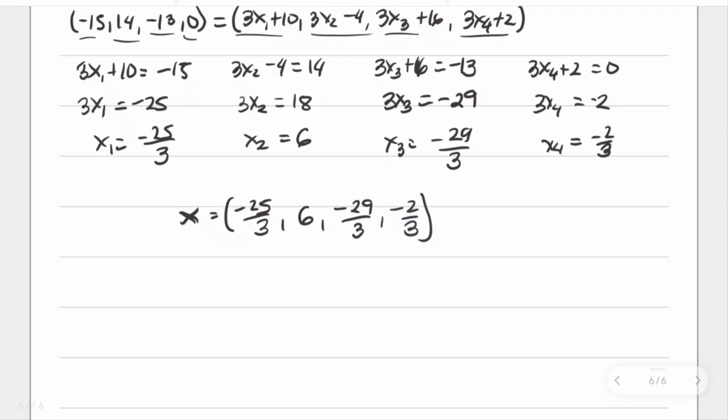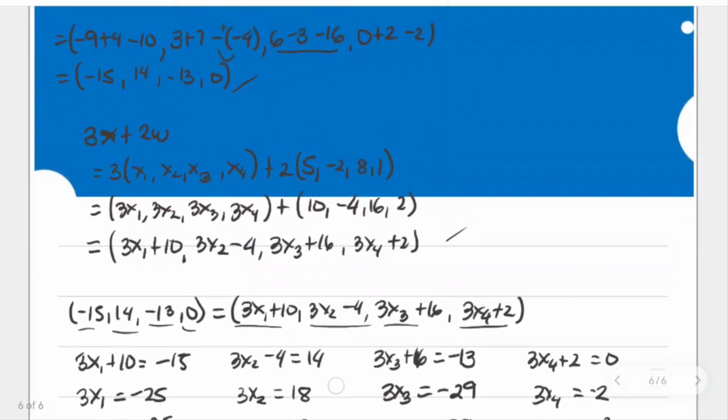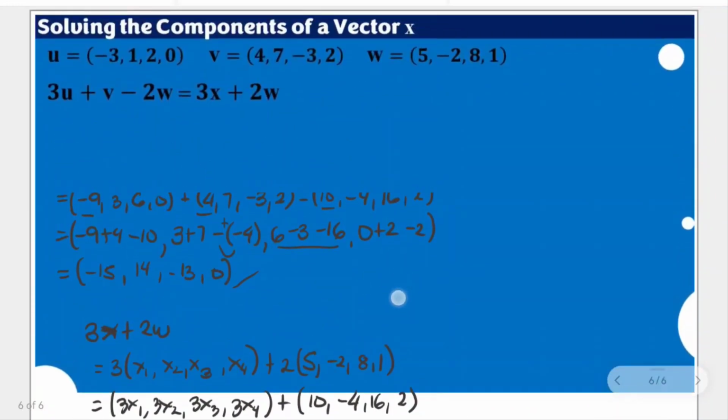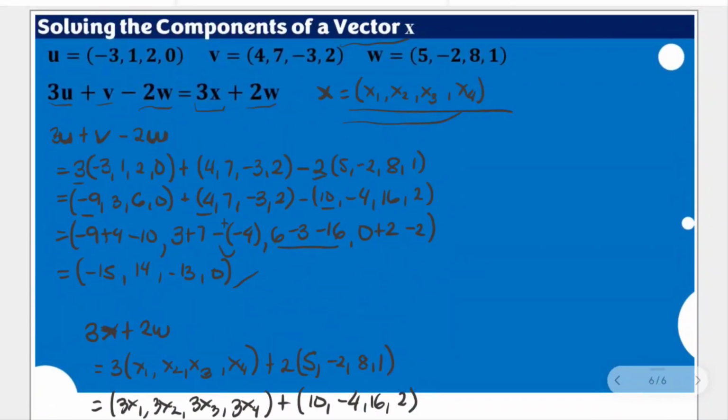Now we have already solved the components of vector x using the given equation and the already available components of vectors u, v, and w. Please consider the appropriate operations, including scalar multiplication, and you will need to consider as well the equality of vectors. Thank you for watching.